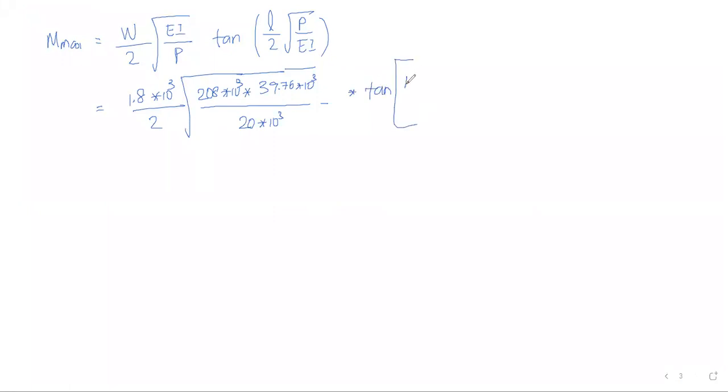So L is 1200, correct? Divided by 2 into root under P by E, where P is 20 into 10 cube, E value is 208 into 10 to the power 3 into I value is 39.76 into 10 cube. So these values we have to substitute.